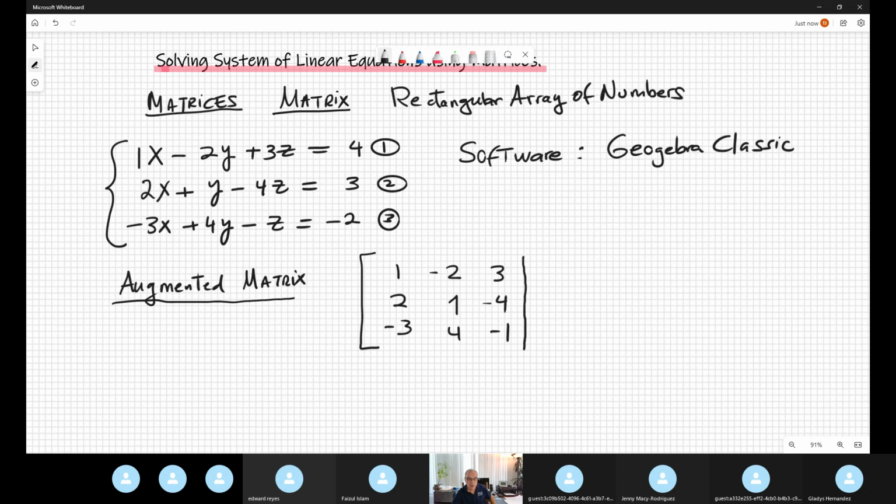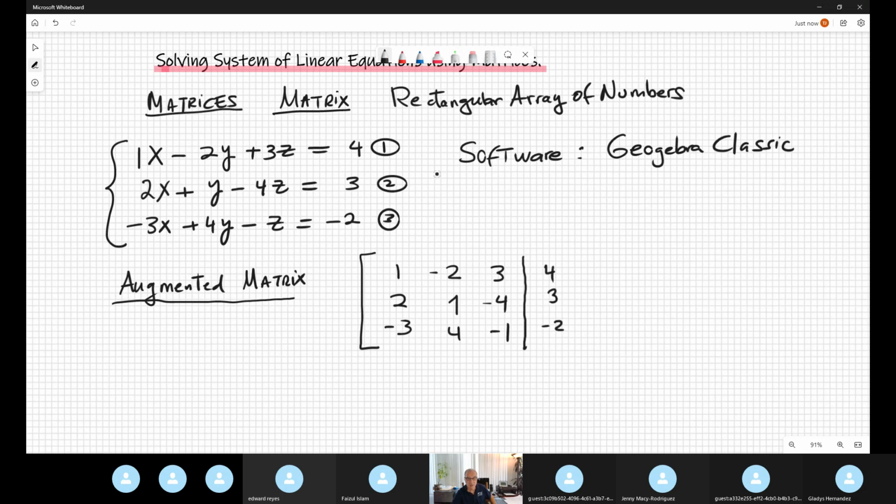This line we use on paper. However, in the software, no. In the software, you put everything together. But this is traditional, to separate the left-hand side and the right-hand side. So on the right-hand side, we have 4, 3, and -2.